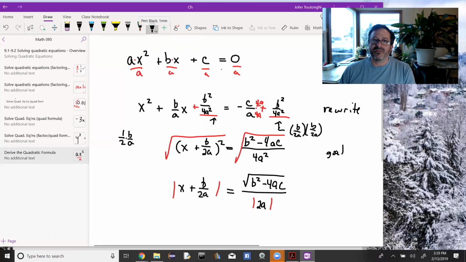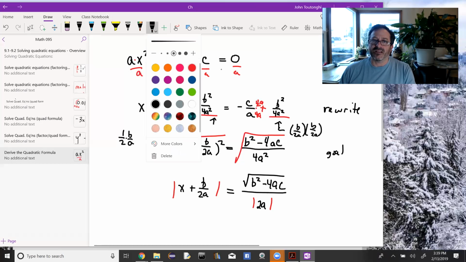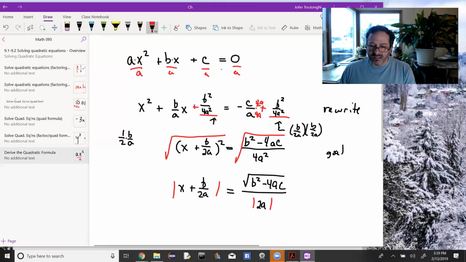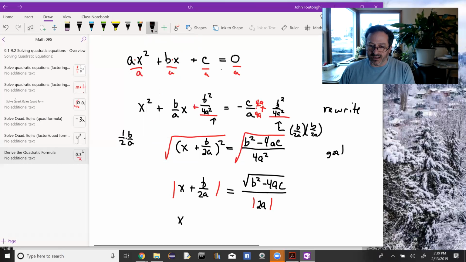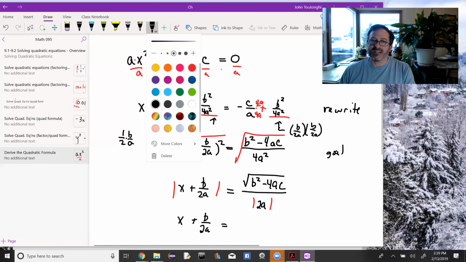And now I'm going to remove these absolute values. When I remove this one on the left, I get x plus b over 2a equals, on the right here, a plus or minus from this thing on the left, but I also get a plus or minus from the thing downstairs.